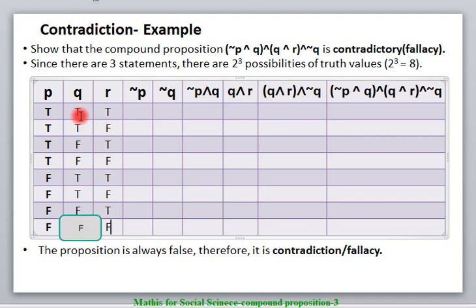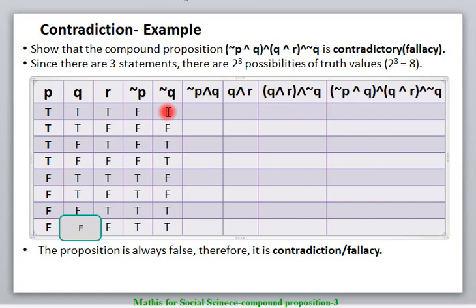So now it is easy to construct their corresponding negations. The negation of P is here false, true. Here the negation of Q is again false, false, true, true, false, false, true, true.